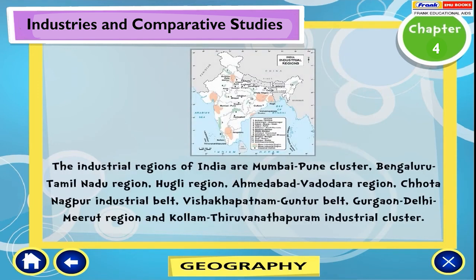The industrial regions of India are Mumbai, Pune cluster, Bengaluru, Tamil Nadu region, Hooghly region, Ahmedabad, Vadodara region, Chota Nagpur industrial belt, Vishakhapatnam, Guntur belt, Gurgaon, Delhi Meerut region, and Kollam, Thiruvananthapuram industrial cluster.